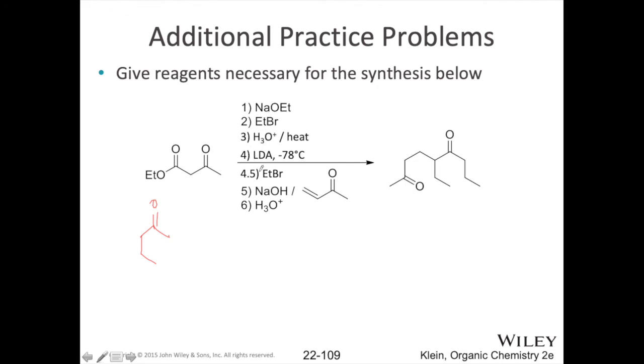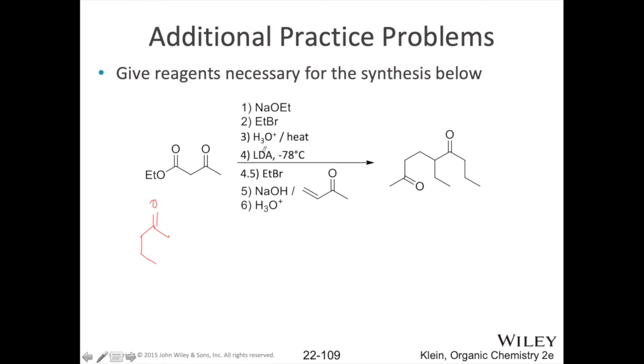So in step 4 and 5, I think I probably tacked this on because I think the original version of the slide had skipped this step. But basically, we want to deprotonate this less substituted carbon. So in other words, we want the kinetic enolate.